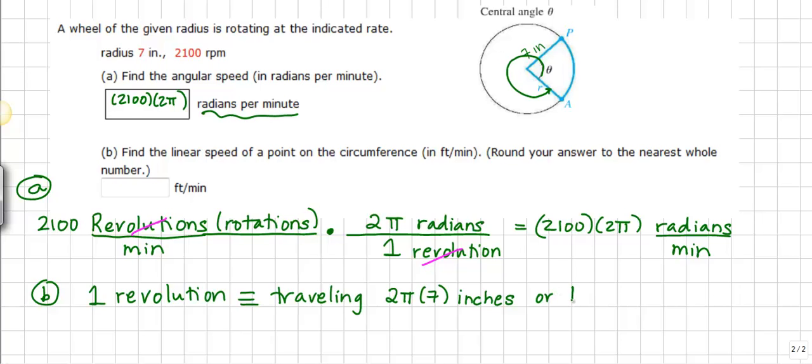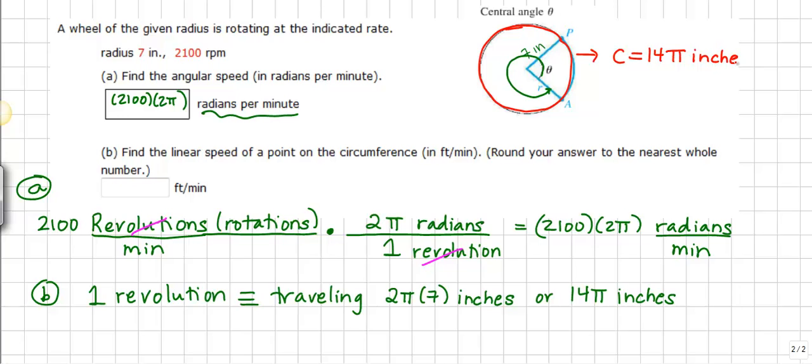So one full revolution, and we travel a total of 14 pi inches around the circle. Okay, so the circumference is 14 pi inches.